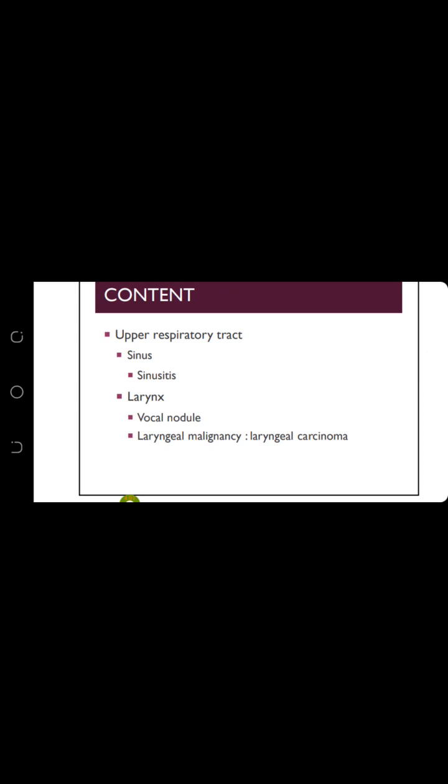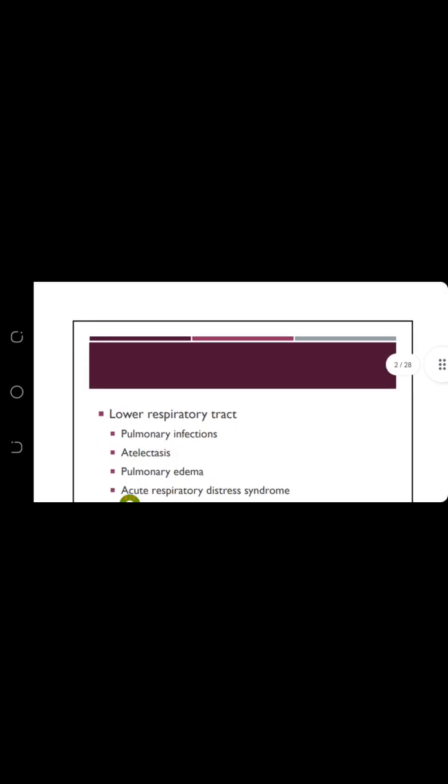Remember, we're looking at the pathology of the respiratory tract, so we're comparing the abnormalities that usually happen in the respiratory system. You need to understand the anatomy and the physiology that occur in a normal respiratory tract. Now our focus here is on the abnormalities.